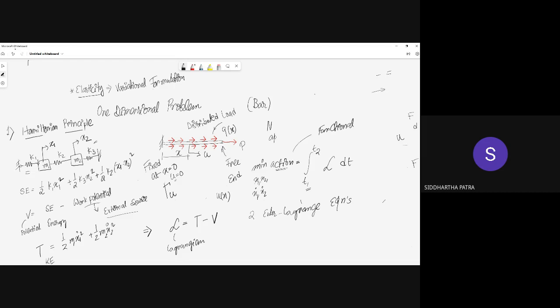Since x1 and x1 dot are not completely independent of one another, involving two variables we get only one Euler Lagrange equation. But since x1 and x2 are completely independent variables, we get two Euler Lagrange equations.